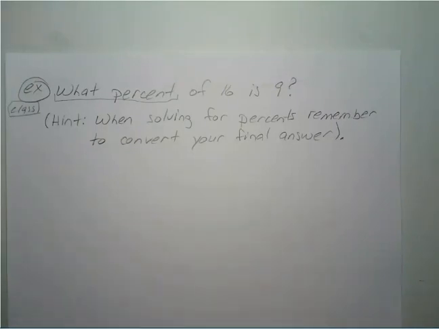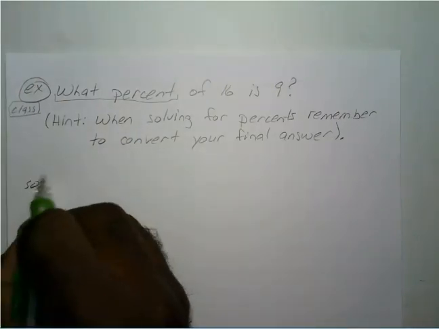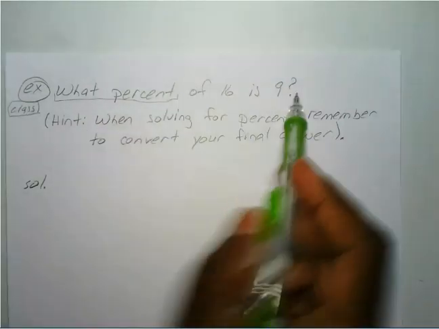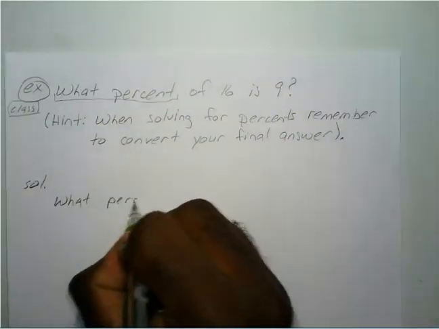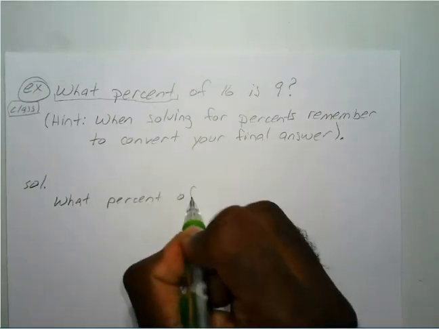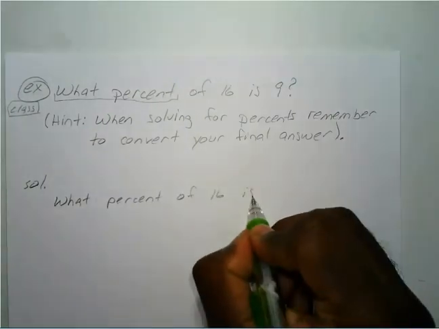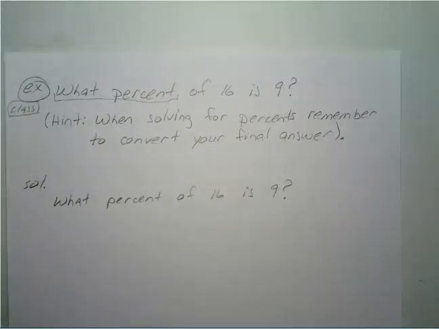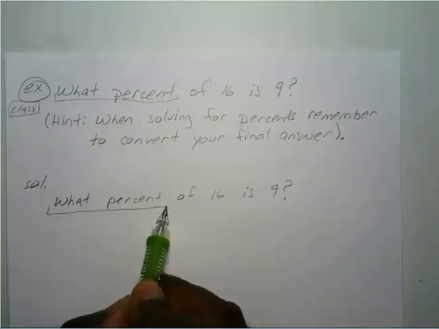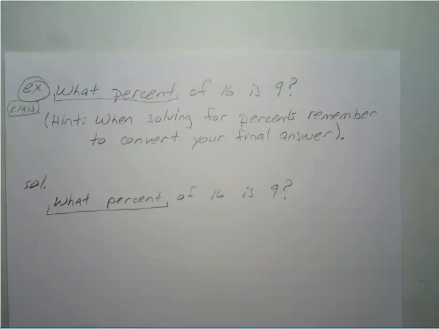All right, so I'm assuming you've pressed pause and solved this one already. So I'm just going to go ahead and rewrite our problem. What percent of 16 is 9? Okay, so what percent, of course, that's what we're solving for.